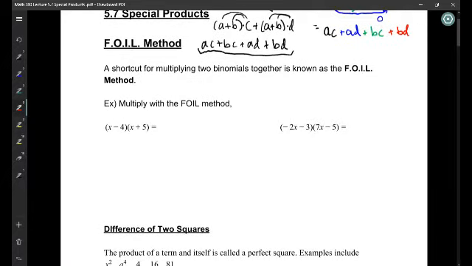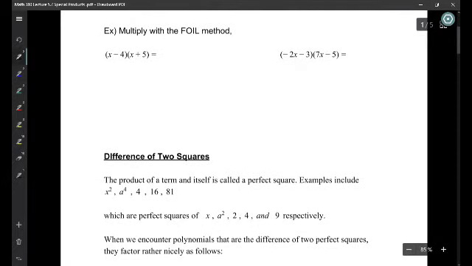Let's use this method to multiply the following products of binomials. All right, so here we have x minus 4 quantity times the quantity x plus 5. So let's first rewrite the expression. So the quantity x minus 4 times the quantity x plus 5.